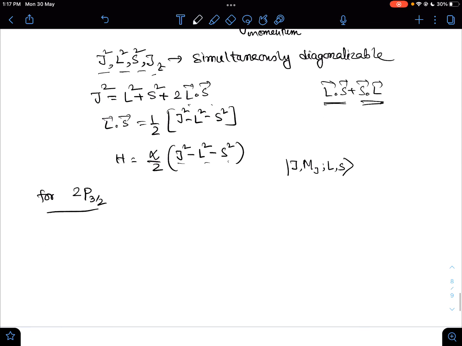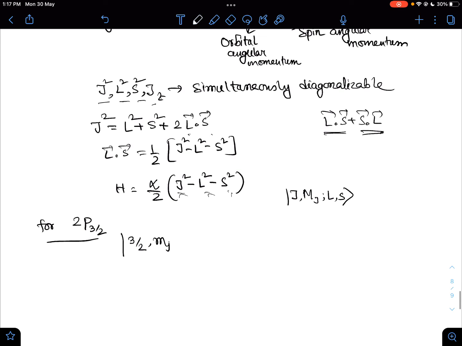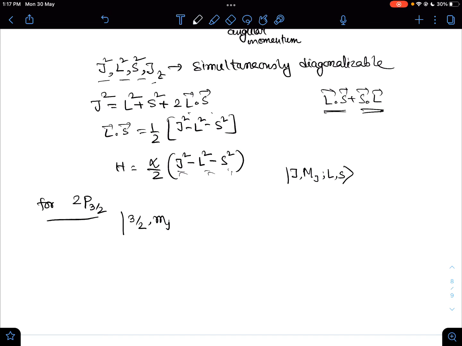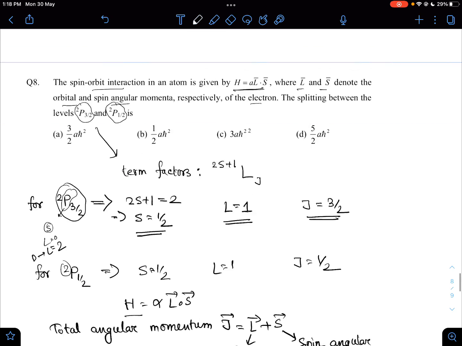For 2p 3/2, J is 3/2, and MJ doesn't matter because, as we have seen in the previous video, the eigenvalues of these operators don't depend on MJ. L is 1 and S is 1/2.